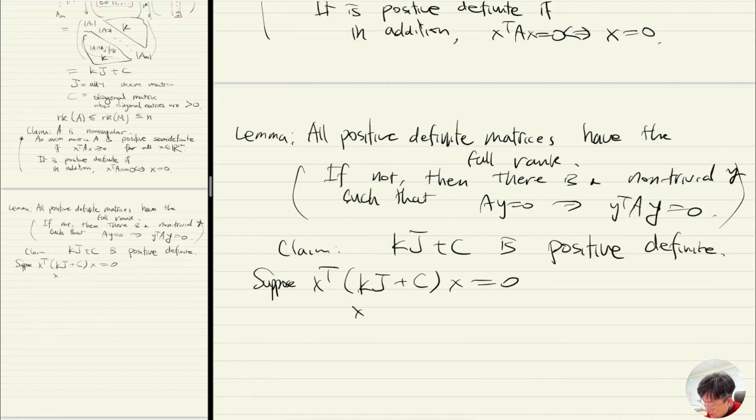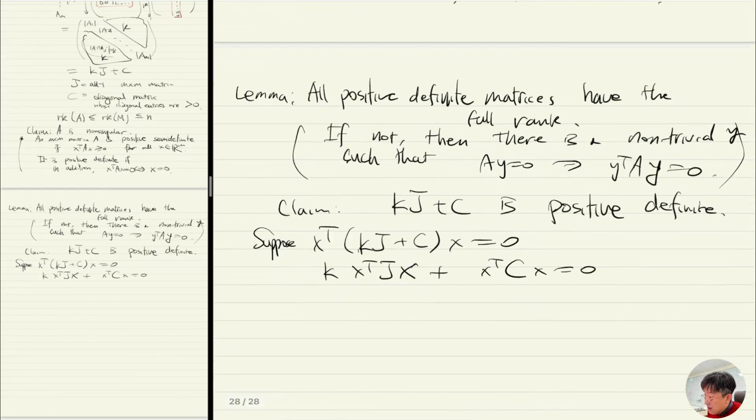What does that mean? That means X transpose kJX plus X transpose CX is 0. And what is that? J is the all-one matrix, so X transpose J X is the sum of the xi's, squared.